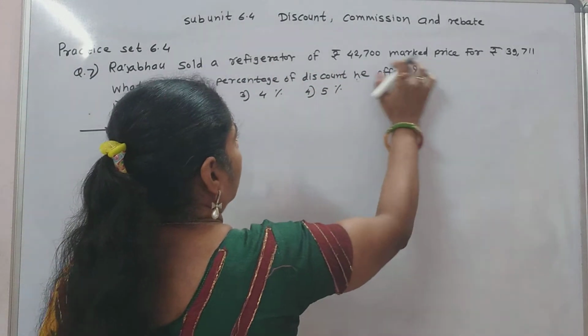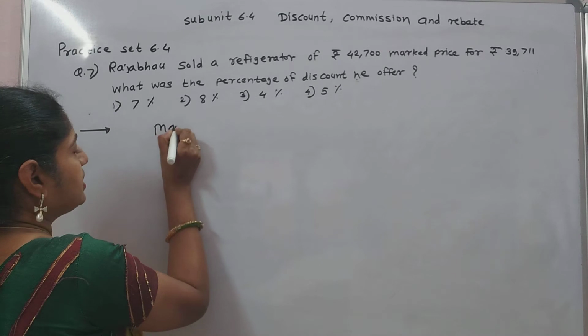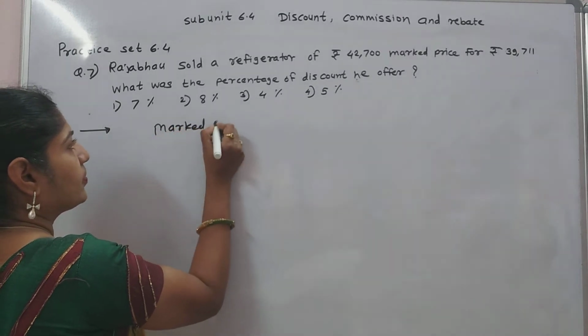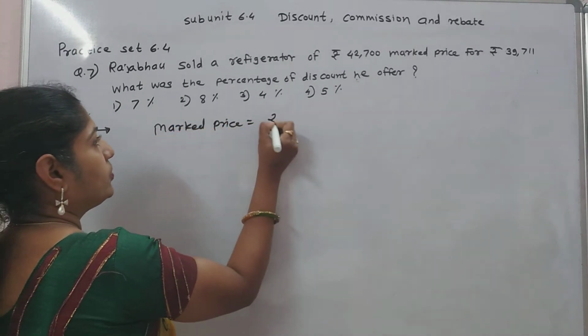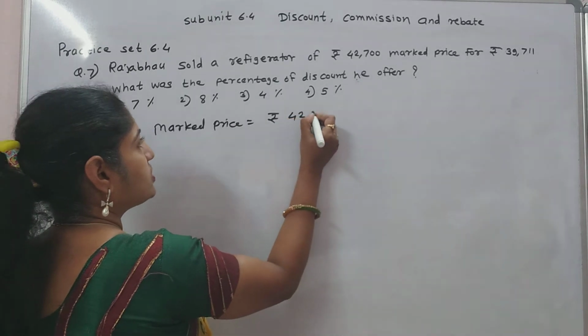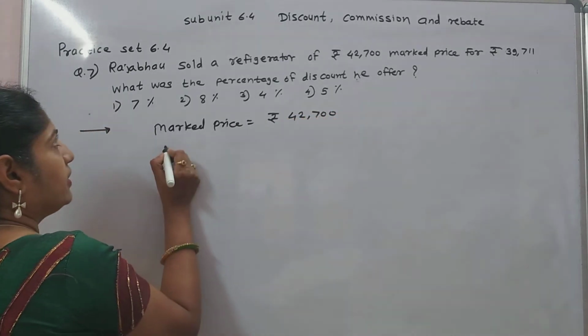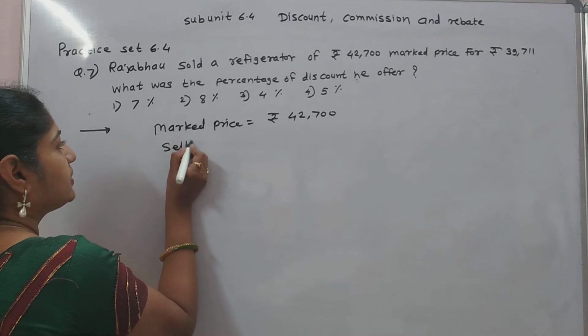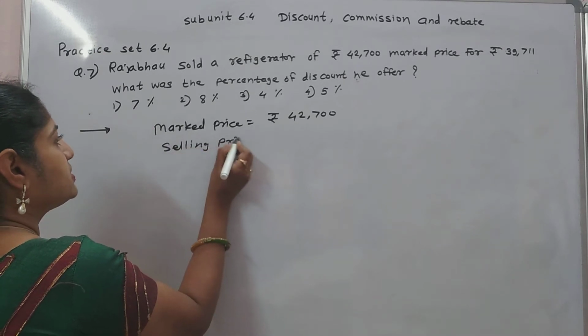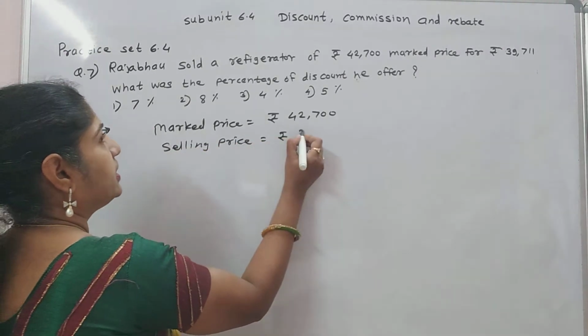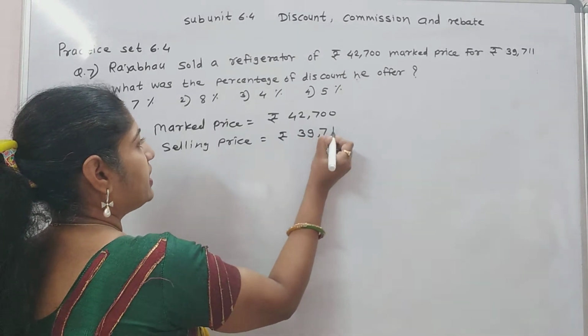This is the mark price. Mark price is given 42,700 and selling price rupees 39,711.